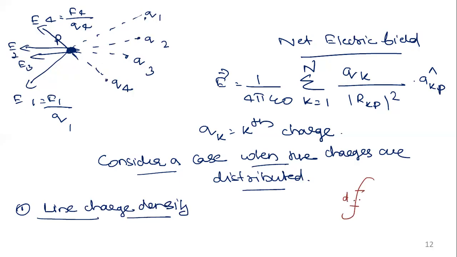We need to find the electric field intensity at a point P due to the line charge dl. Until now we took Q1, Q2, Q3, Q4, all point charges. Now we are talking about a line charge. Understand?